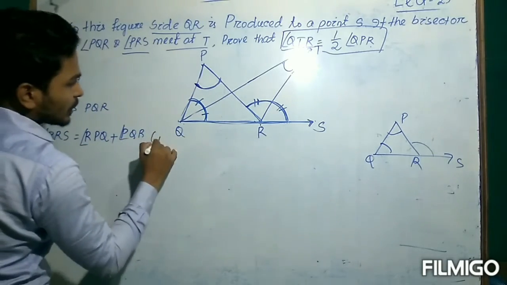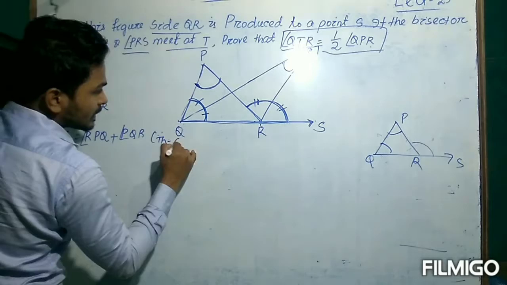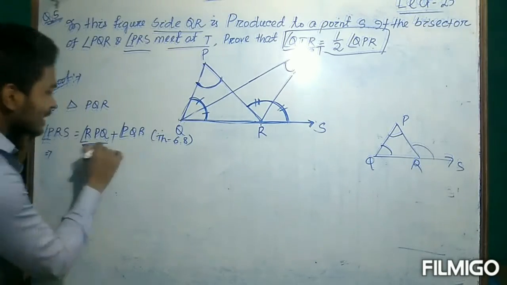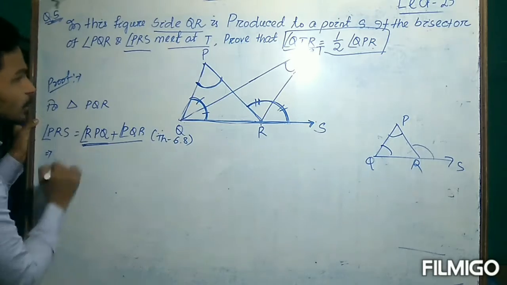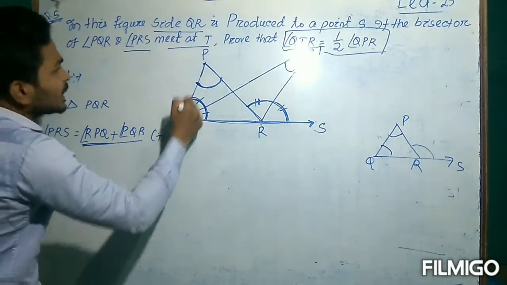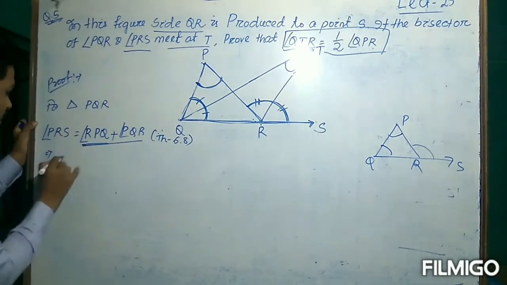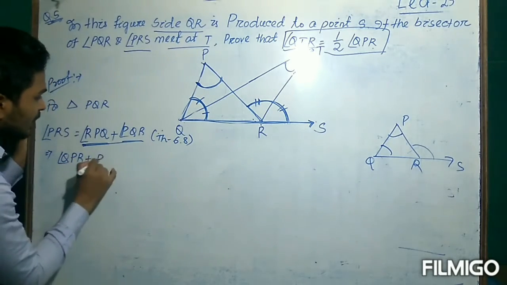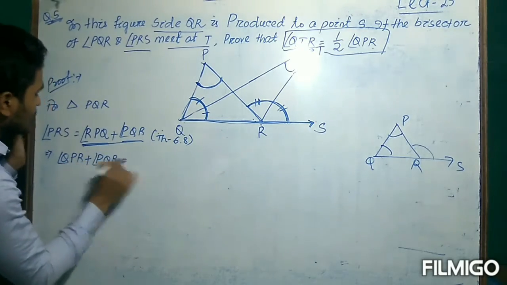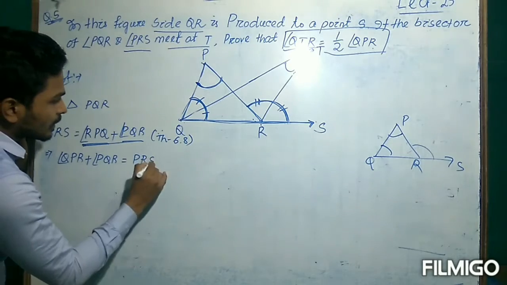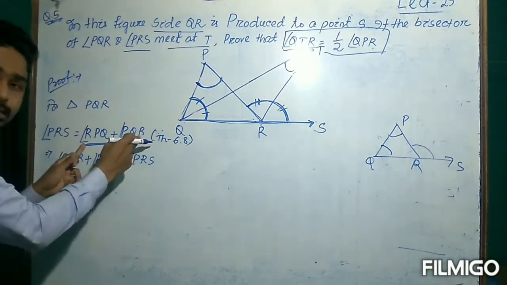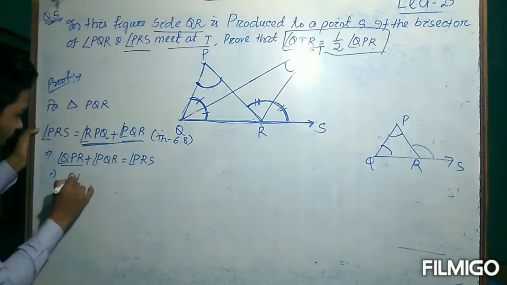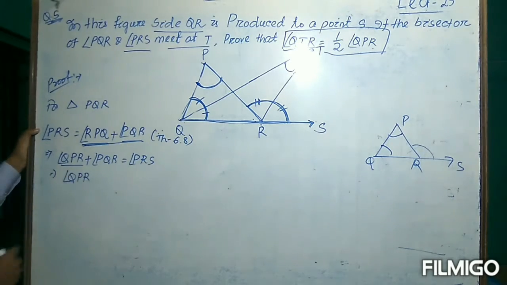Understood? This is due to theorem 6.8. Now we can write this term first, RPQ, or you can write QPR, no problem. Suppose I am writing QPR plus this angle PQR is equal to PRS. Next, we find the value of QPR.